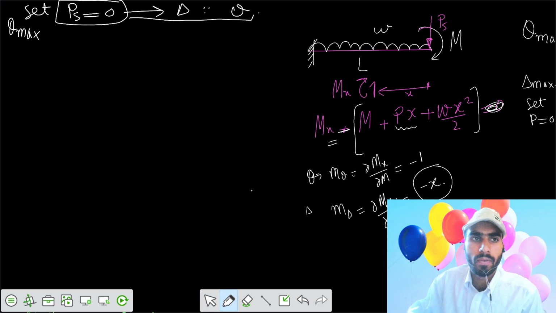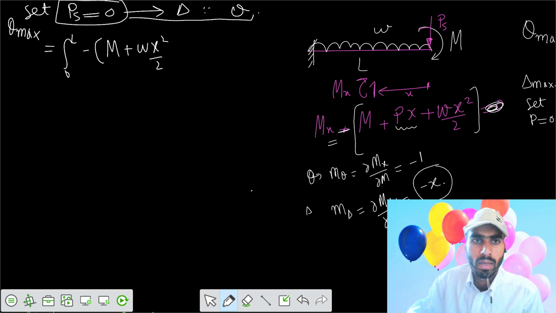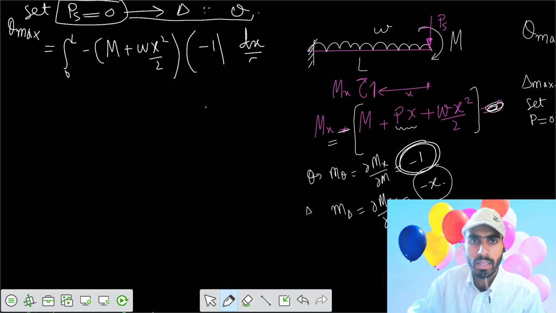So finally we get theta maximum equals the integral from 0 to L of minus times m plus wx square by 2, into the value of m theta, that's -1, dx by EI.